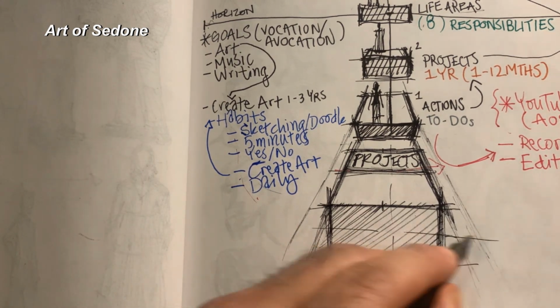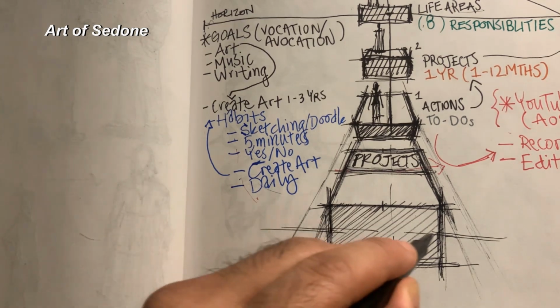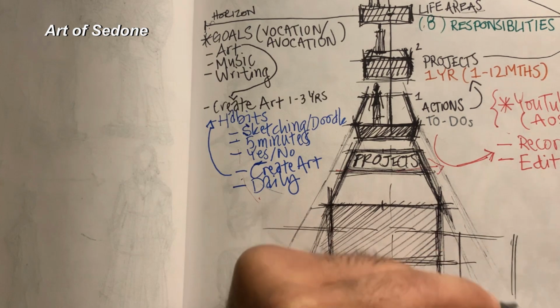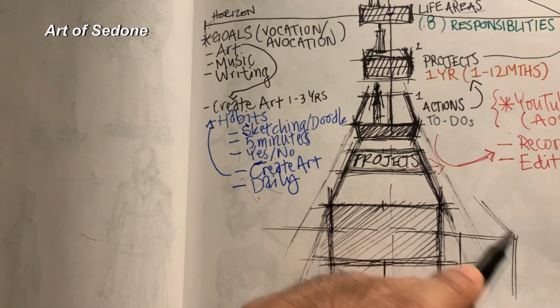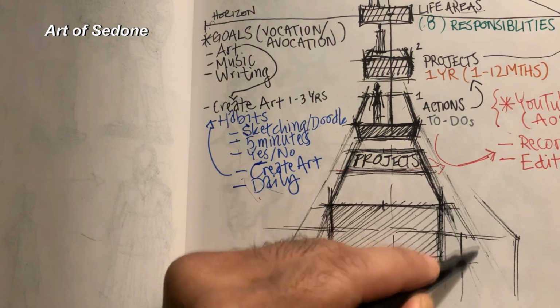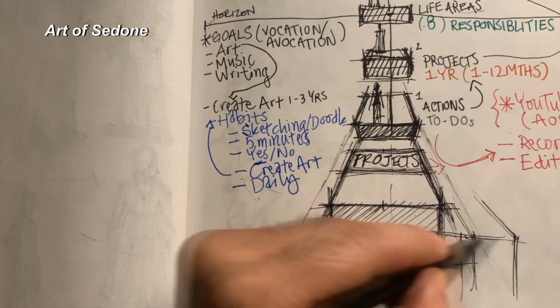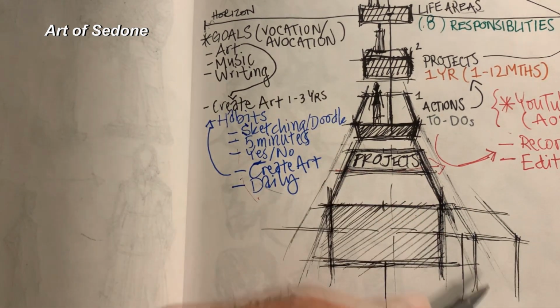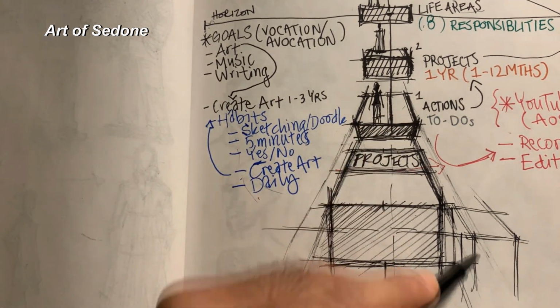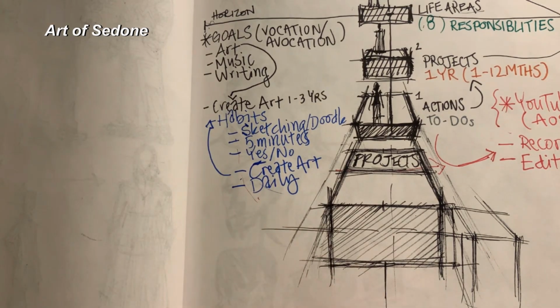So maybe in this sketch here, the projects could have smaller sub-projects. Sometimes it's just fun, when you're learning about perspective and stuff, to just draw these boxes and see what it looks like.